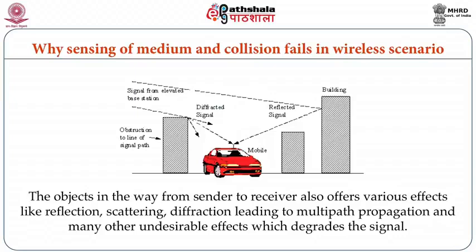Also, the objects in the way from sender to receiver cause various effects like reflection, scattering, and diffraction, leading to multipath propagation and many other undesirable effects which degrade the signal. So the strength of the signal is not uniform throughout in wireless networks.